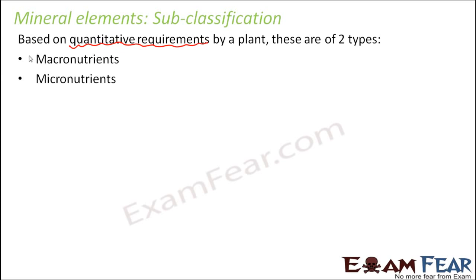The name itself suggests macro means big and micro means small. So the elements which are required in large quantities are called macronutrients, and those required in small quantities are micronutrients. Now we will discuss macronutrients and micronutrients in detail.